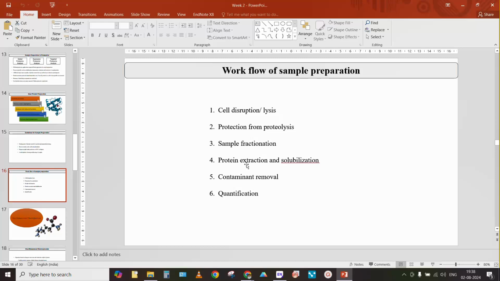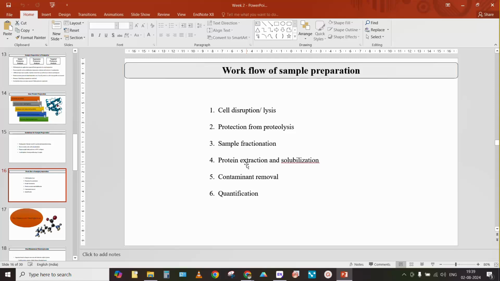Protein extraction is preceded by subcellular fractionation to enrich proteins of interest. Protein extraction is done in aqueous buffer, for example Tris-HCl, followed by desalting.